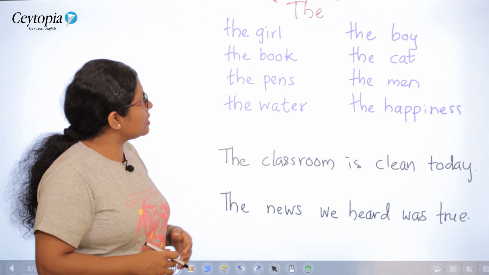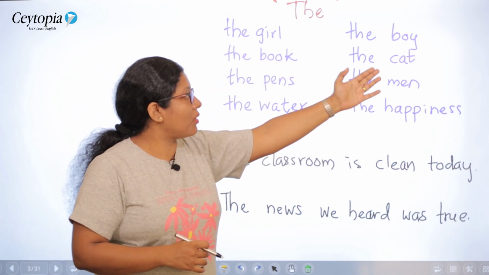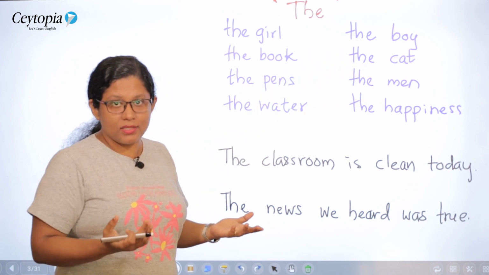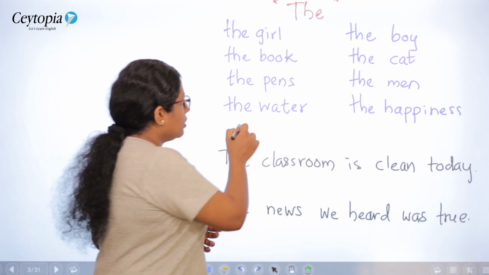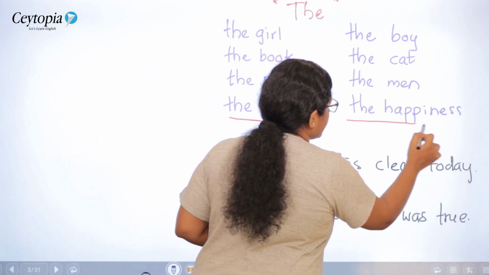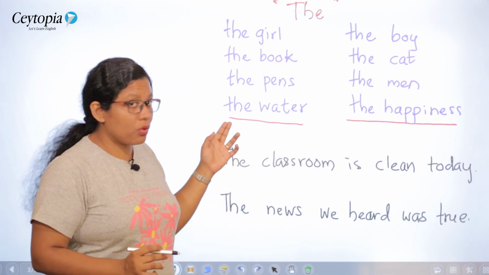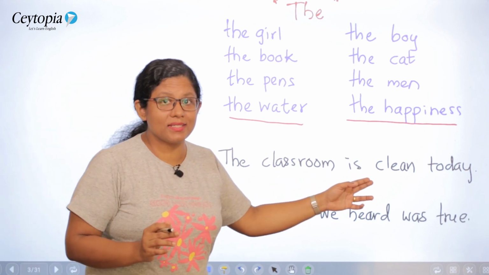Also, you can use them with names for people, names for places, names for animals, names for things without any discrimination. Let's take a look at the last 2 examples. The water, the happiness, they are uncountable nouns. With them also you can use the. The classroom is clean today.